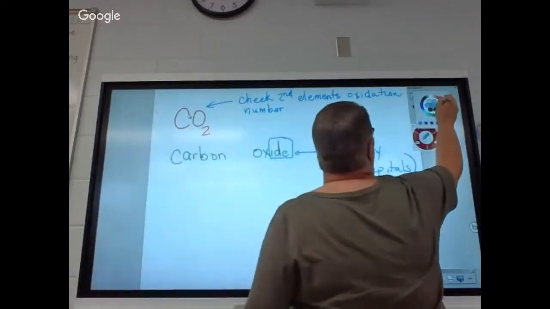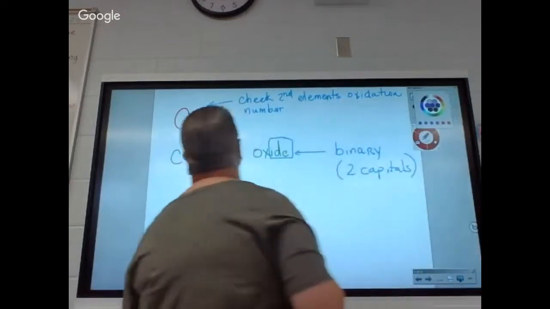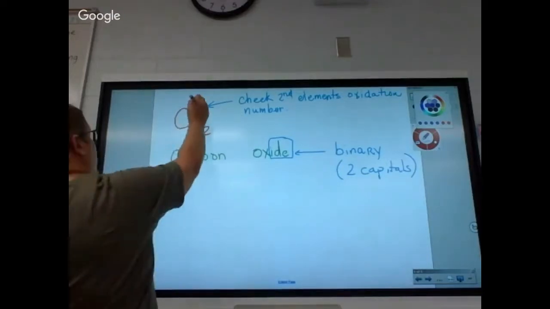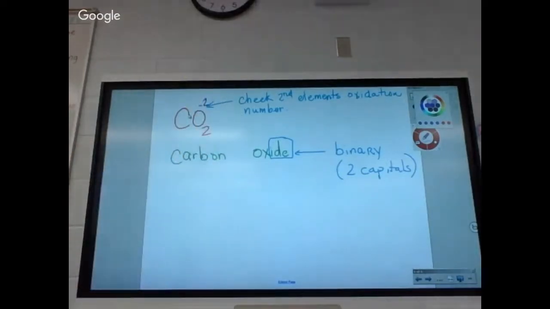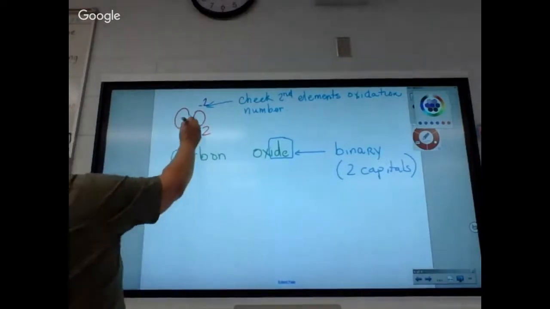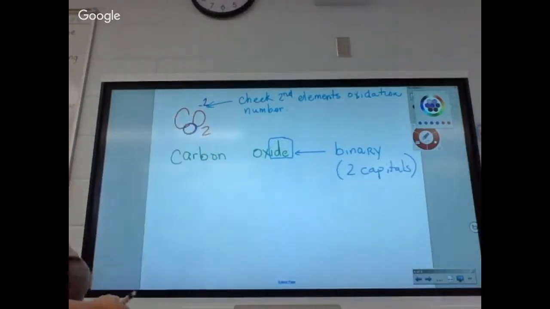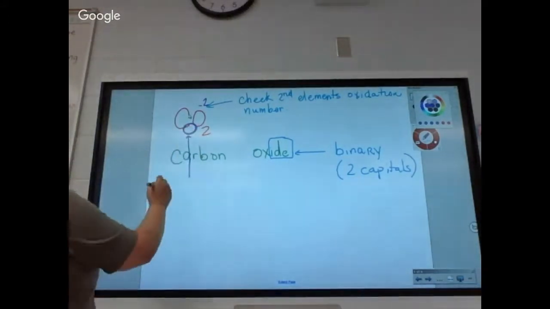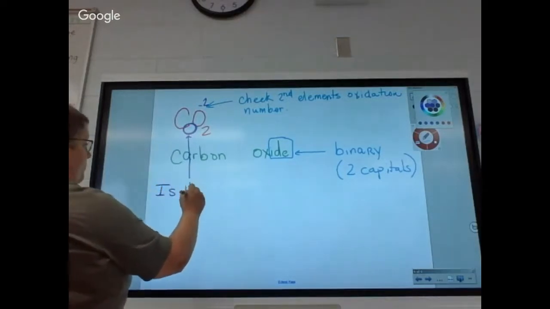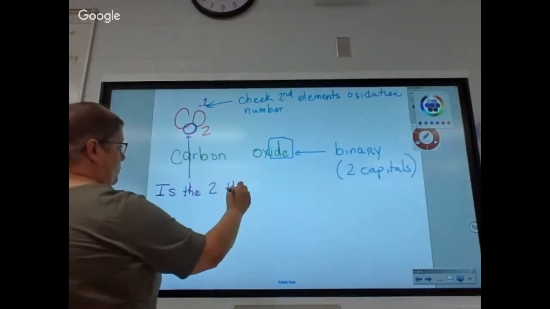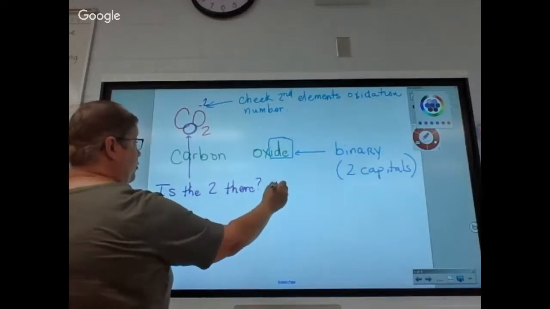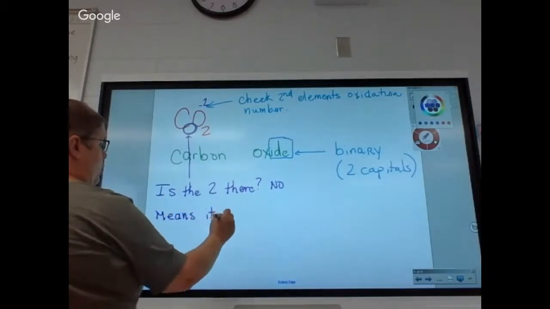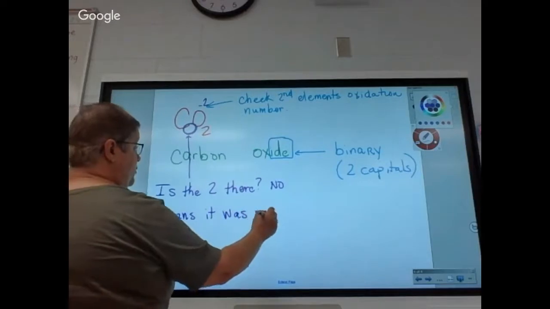Now, we know that its oxidation number on oxygen is a what? -2. Now, if its number is -2, that means what should be right here? A 2. Is there a 2 right there? No. When you answer no, that means it was reduced.